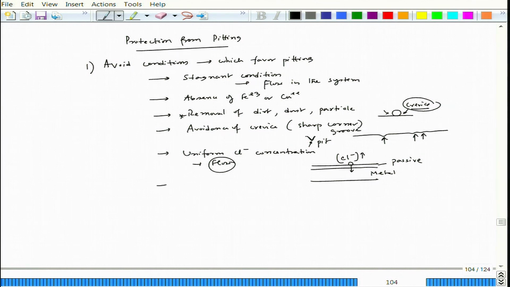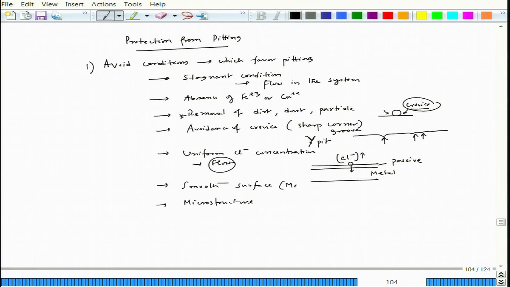Now, these are the kinds of conditions. Other conditions are, as we have said, a smooth surface. A rough surface has a higher tendency to form pits. If we can maintain a smooth and shiny surface, it is absolutely fine, and that would not create pits. Now, microstructure, because if you recall, we talked about macrostructure and microstructure.